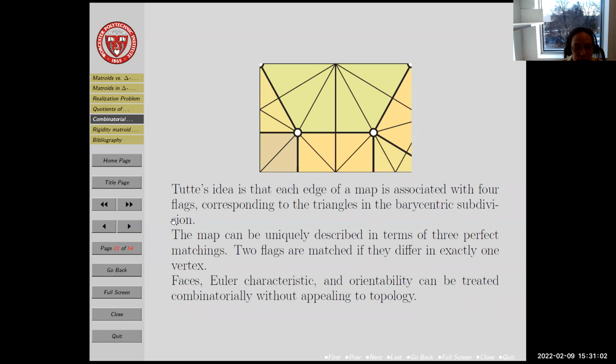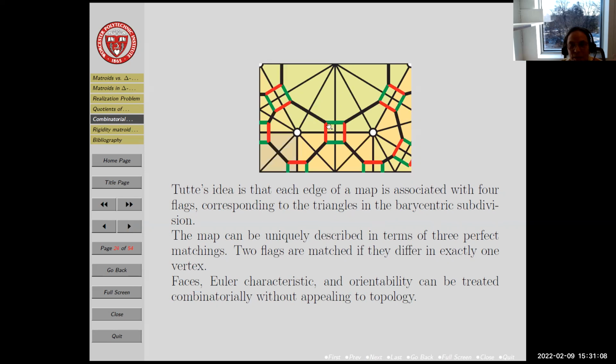So I've drawn here the barycentric subdivision, and now I want to look at my 3 perfect matchings, right? So if I look at, say, one of these triangles from the barycentric subdivision, it's related to a triangle over here by flipping around; they keep the same vertex. And I draw this edge in black.